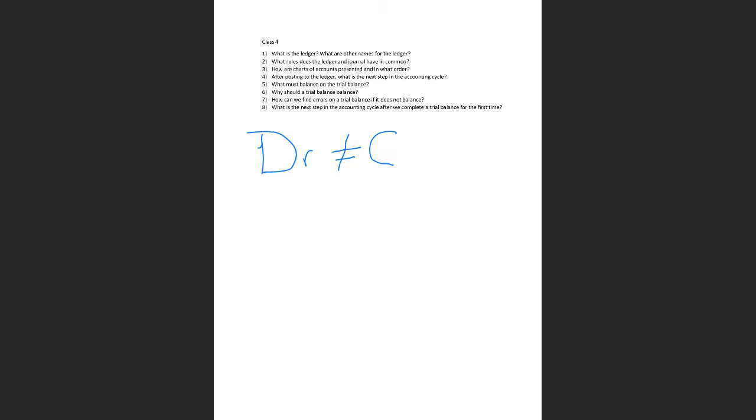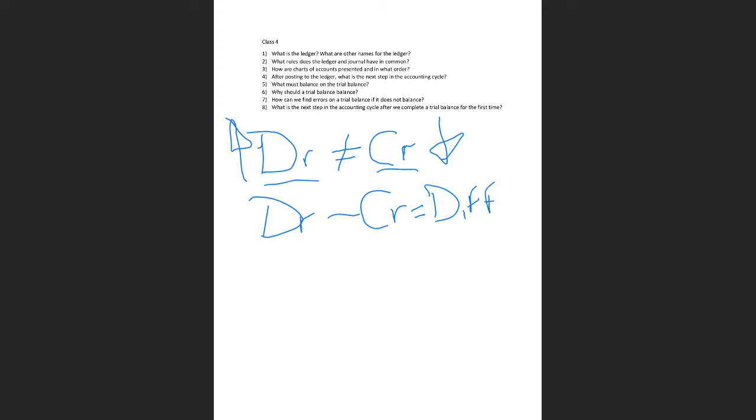One way you can find that difference: if your debits are higher than your credits, take your debits, subtract your credits, and there's going to be a difference. You can try to find that difference in the ledger or in the journal.